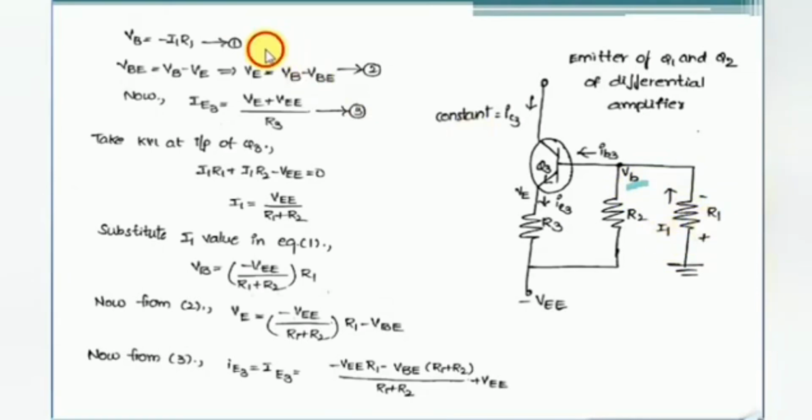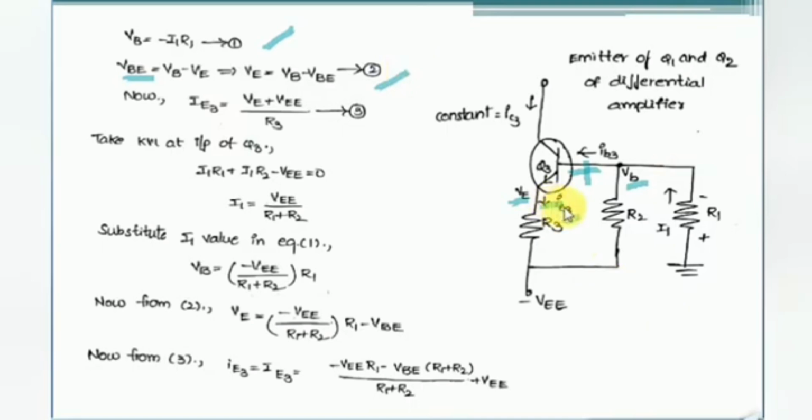Keep this as equation 1. Next, the cut-in voltage VBE gives us the value of VE, and thereafter the value of IE3. From the vector algebra, we can write VBE as VB minus VE. From this equation, we can write VE as VB minus VBE. Keep this as equation 2.